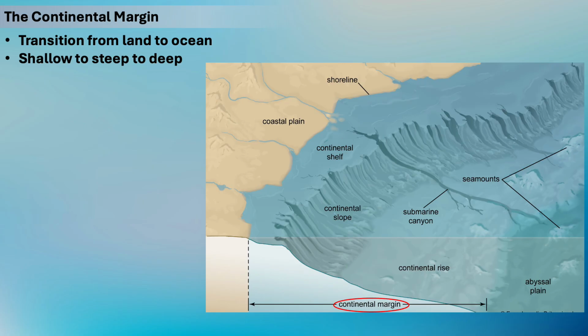Because it is less dense, continental crust can remain elevated even when submerged beneath seawater.